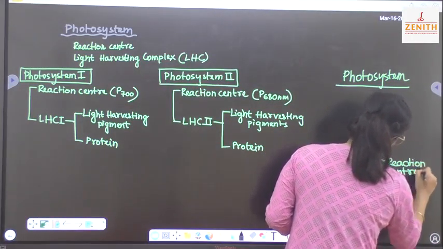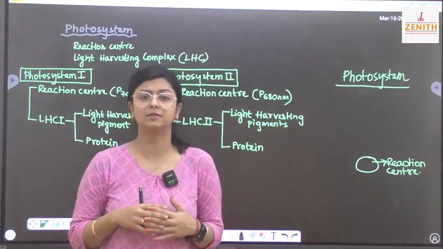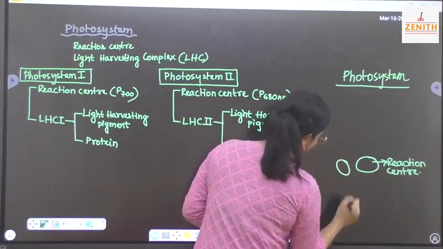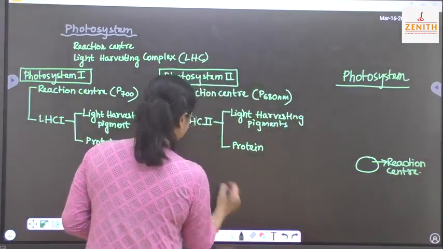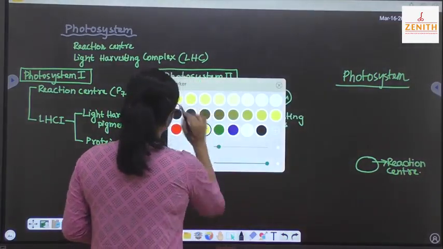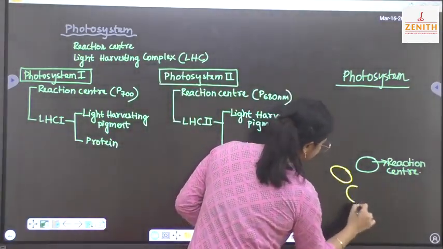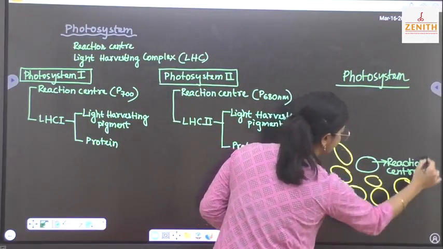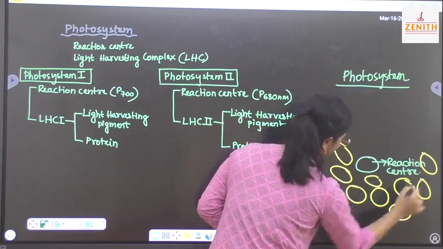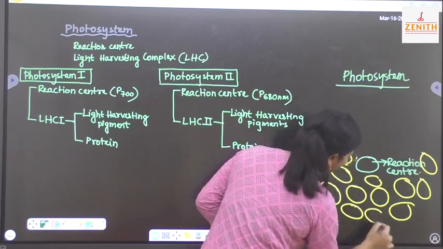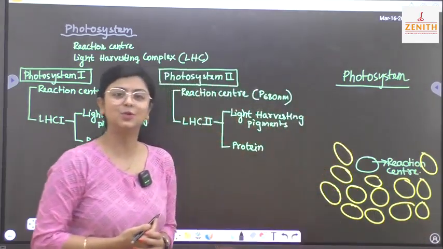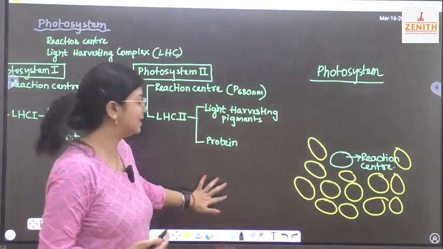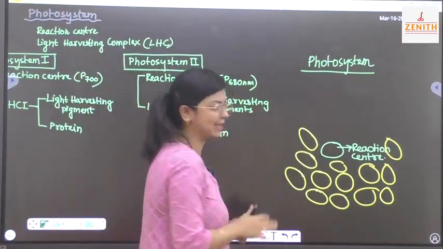For any kind of photosystem, chlorophyll A pigment is present at the center, and this reaction center is surrounded by many pigment molecules which are associated with protein. So they produce a complex, which is known as the light harvesting complex. This is the light harvesting complex which is present surrounding the reaction center.